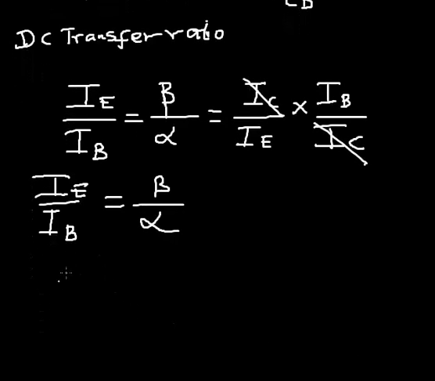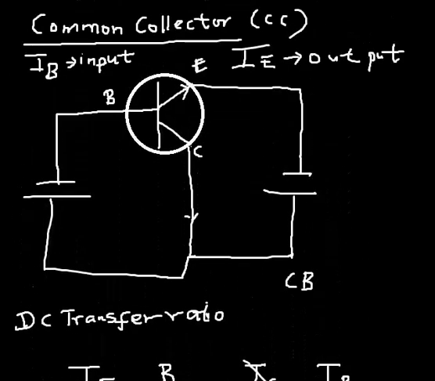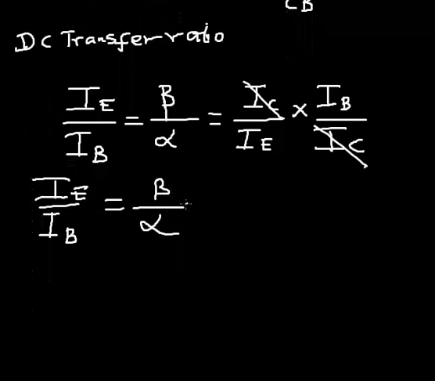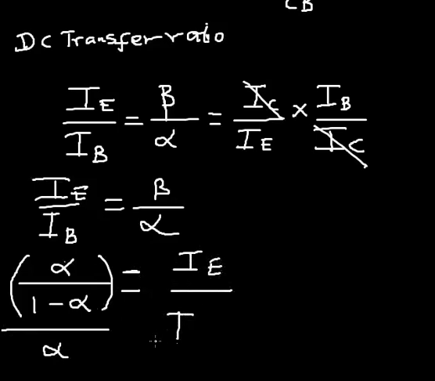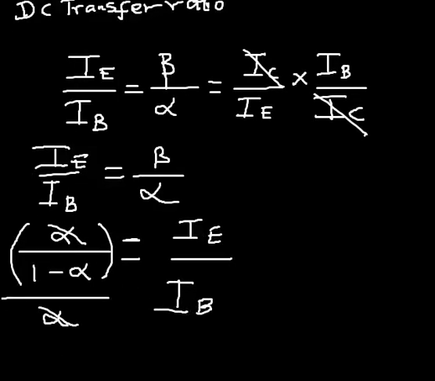So that way, now let's establish the relationship. We already know from what we treated before that beta is equal to alpha divided by 1 minus alpha. Then of course this beta divided by alpha again is equal to IE over IB. You know very well that alpha cancels alpha.